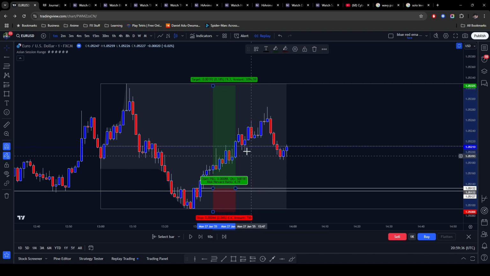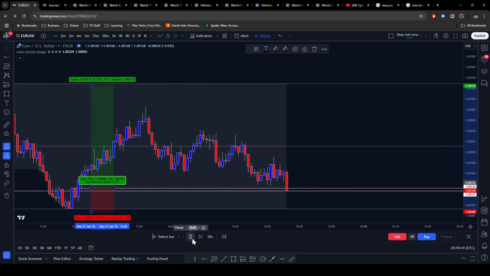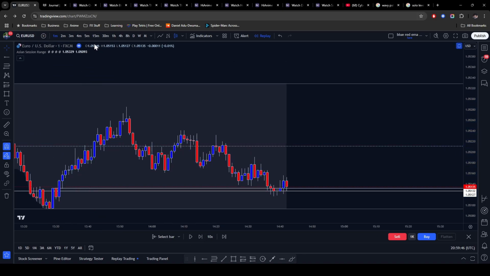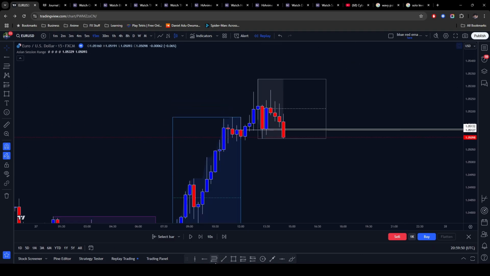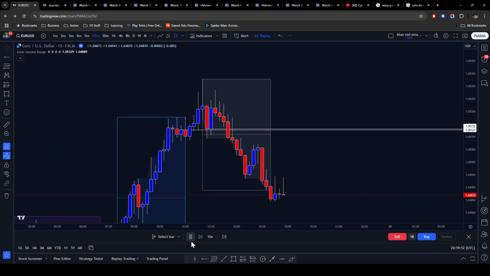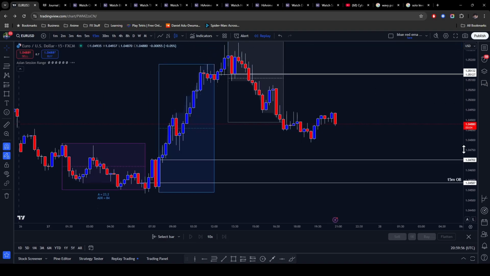So I would protect my stop loss and see how far it goes. But it didn't, and it would have just reversed on me and taken me out at break even, which is fine. Because you see, price just starts to reverse for the rest of the day. That's where we're up to right now at the time of recording this video.